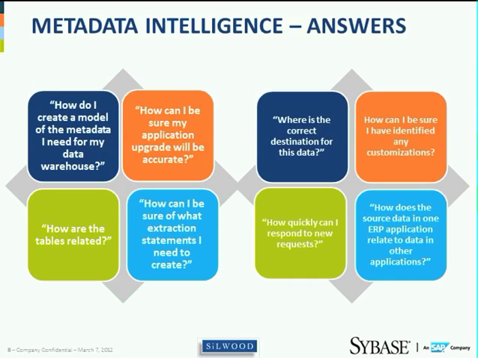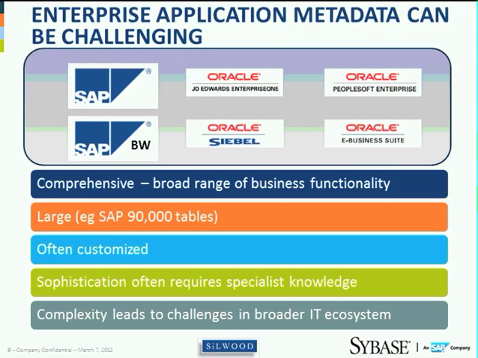In some applications, these questions are quite easy to answer. But typically, in the large enterprise ERP and CRM applications from Oracle and SAP, because of the scale of these applications, because of their level of sophistication and the broad range of functionality that they deliver, they tend to be extremely large.